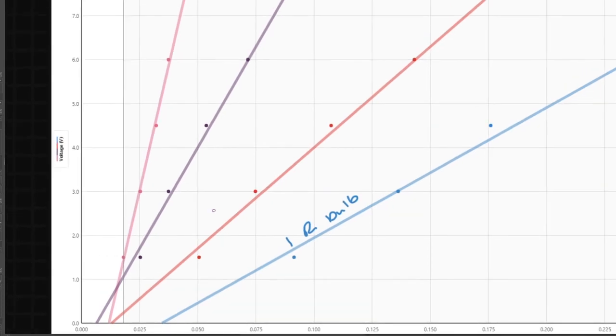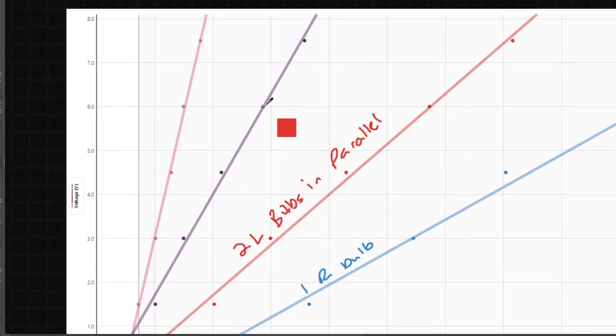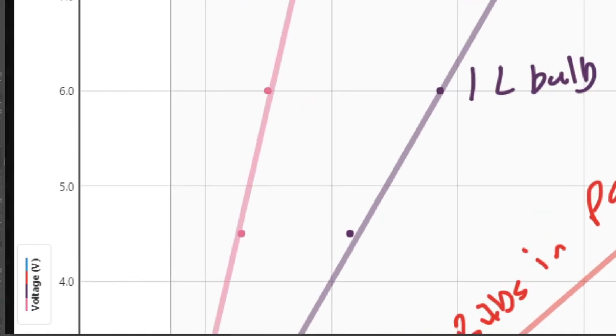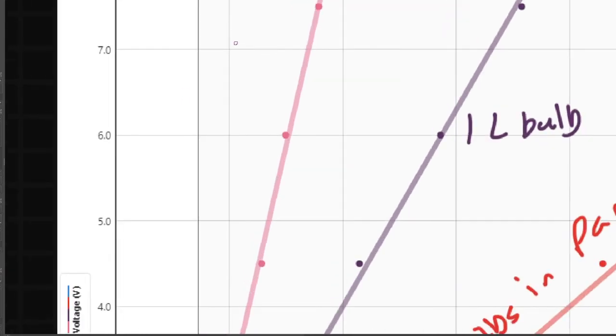This next one is our 2 long bulbs in parallel. It's a little bit steeper. The purple here, this is our 1 long bulb. And then finally, the pink here is the 2 long bulbs in series.